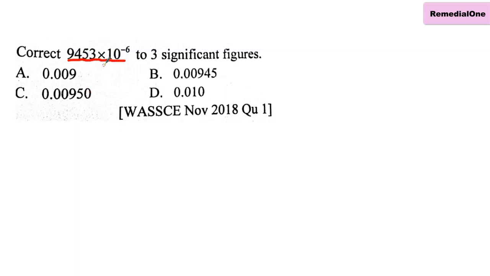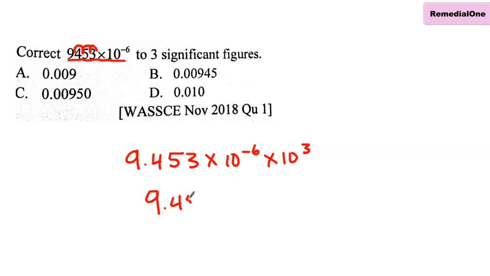What I can do is move this 1 through 3, so that becomes 9.453 times 10 to the 6, and then times another 10 to the 3. Since we moved from the left to that side, you have to be positive. And then here, this is a proper standard form.